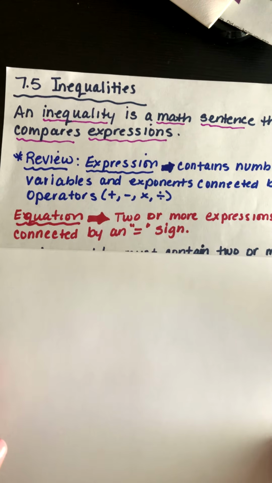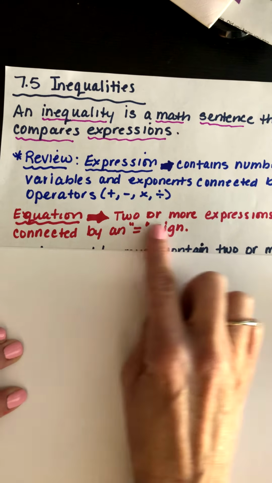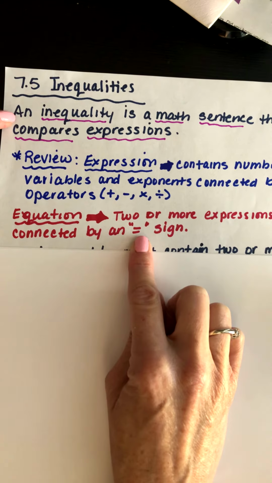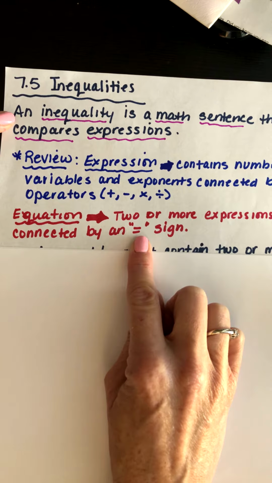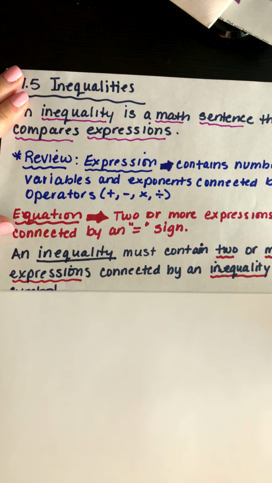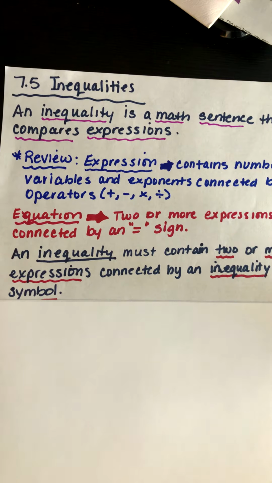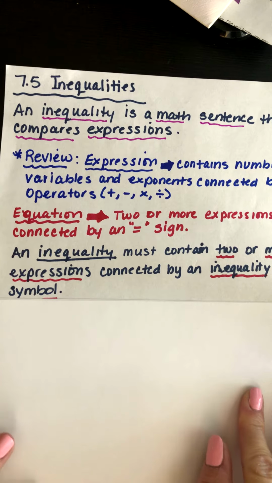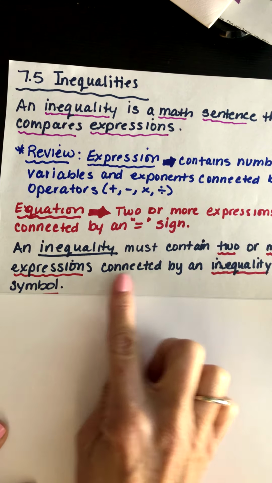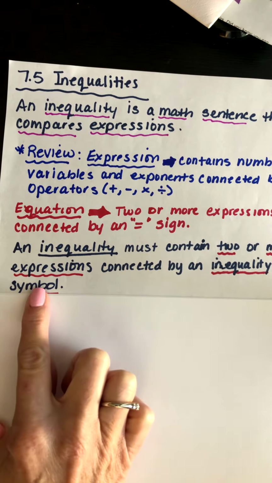An equation was two or more expressions that are connected by an equal sign. This is where we're going to replace the equal sign with the inequality symbol. An inequality must contain two or more expressions that are connected by the inequality symbol.